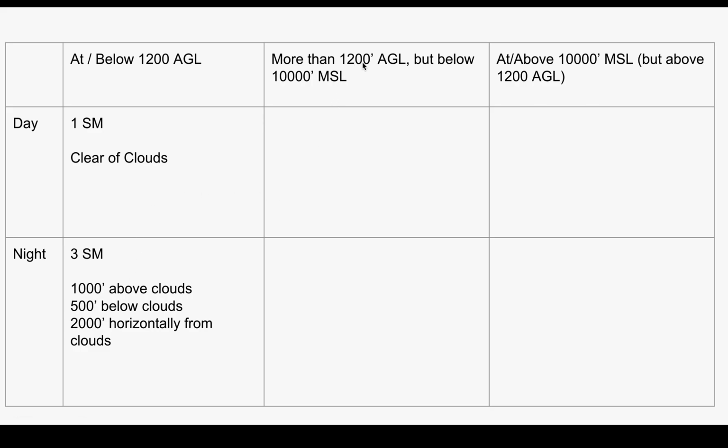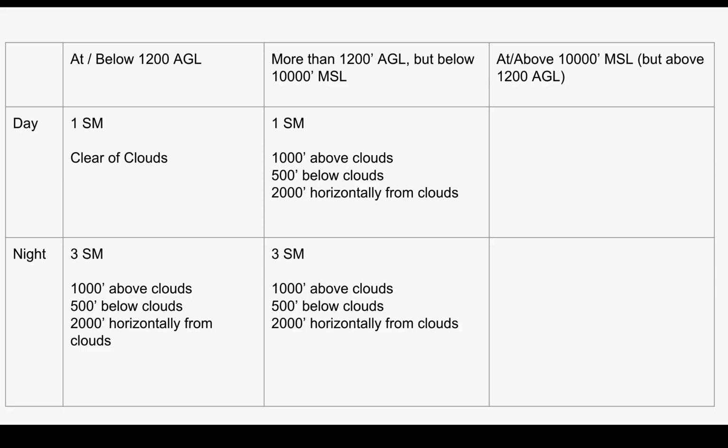Now, if you're more than 1,200 feet AGL and in Class G airspace, but below 10,000 feet MSL, it's 1 statute mile visibility, and then a 152 rule: 1,000 feet above, 500 feet below, and 2,000 feet horizontally. If it's nighttime, 3 statute miles, 152 rule. So nighttime is pretty much the same for both. Doesn't matter where you are.